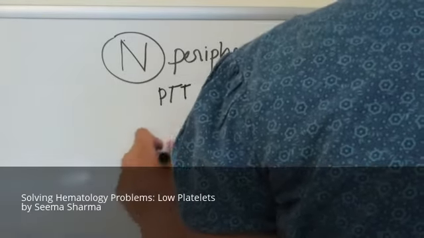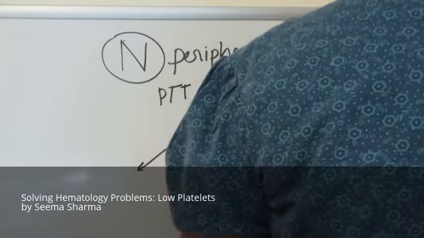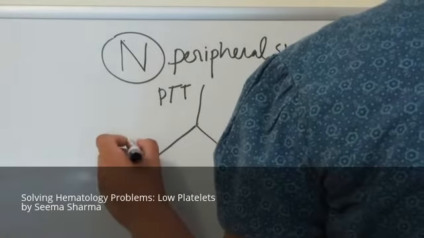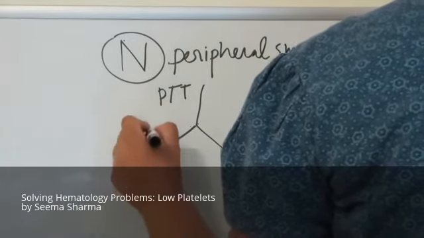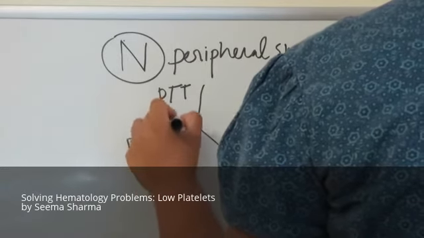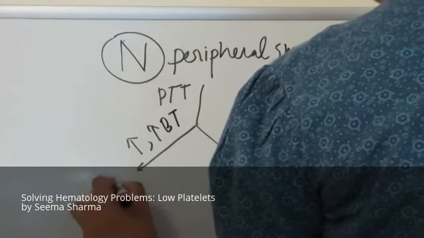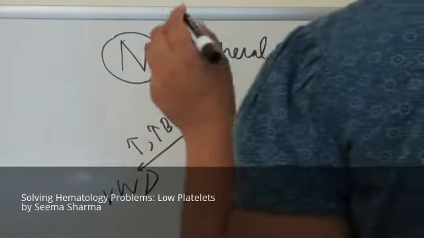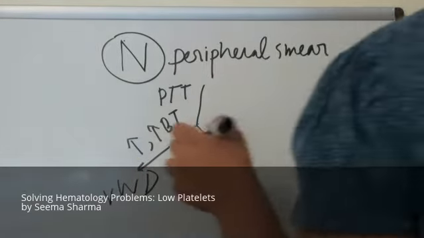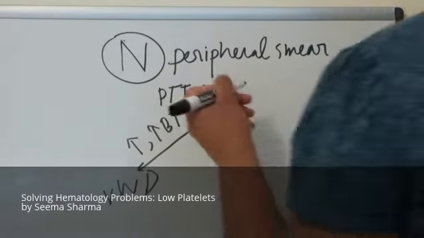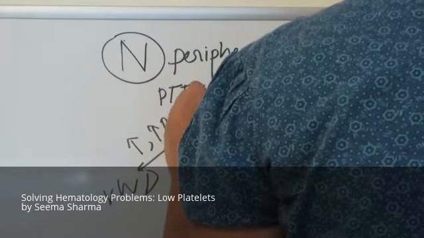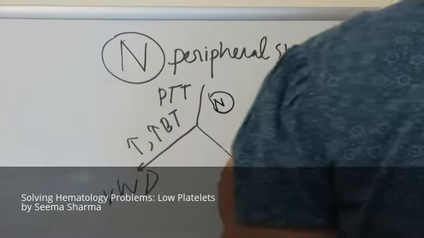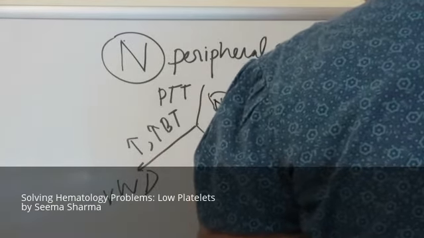So if the PTT is elevated and you have an increase in the bleeding time, you think von Willebrand's disease. If there are no other abnormal lab values, you think ITP.